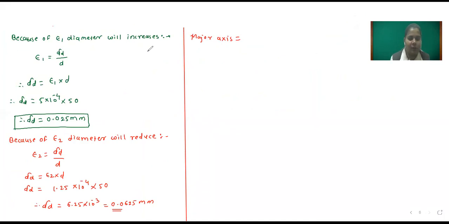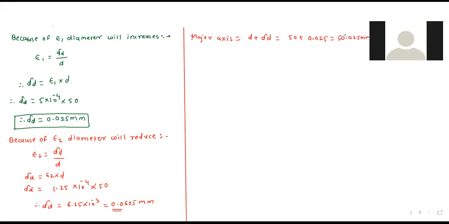Major axis is equal to original diameter plus change in diameter. Original diameter is 50 plus change in diameter 0.025, which is equal to 50.025 mm.